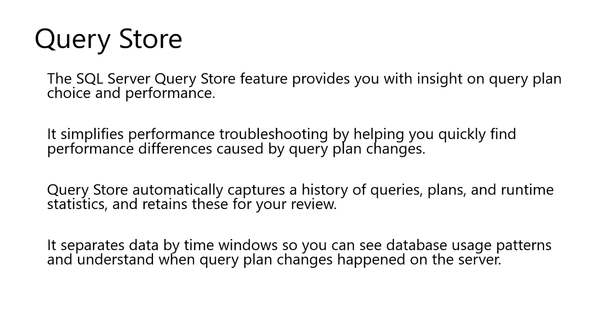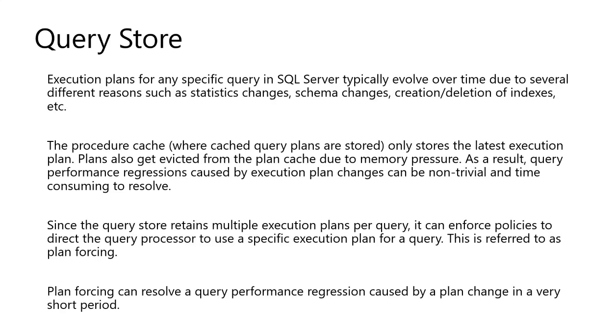We all know the plan regression situation, where a process gets compiled and SQL Server will try to get the best execution plan as quickly as possible. Sometimes that plan changes because of multiple factors. One of them is statistics, for example. And the new plan could be not the best or not as good as the previous one.